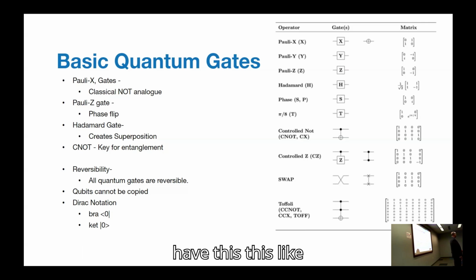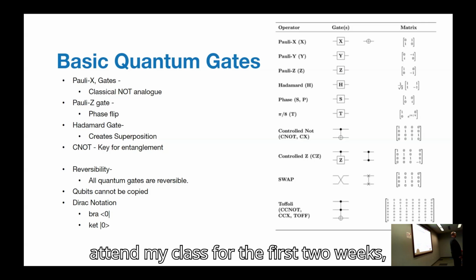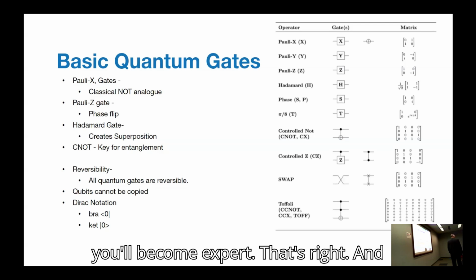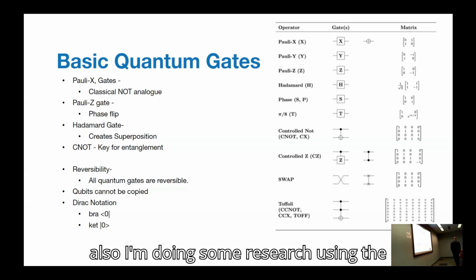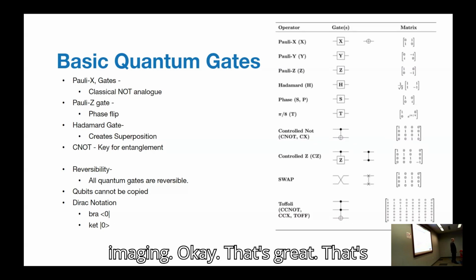Okay. All this notation you hold here, if you attend my class for the first 2 weeks, you'll become expert. That's great. And also I'm doing some research using quantum states to do imaging. Okay, that's great.